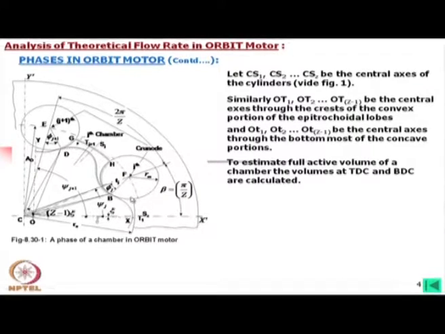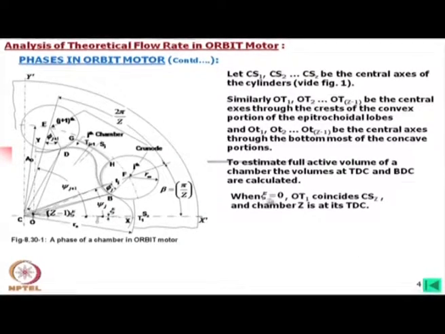Whatever the volume at that condition is not the active, varying volume; it is a constant volume that will always be there. So we have to calculate this volume separately, as well as the maximum volume at bottom dead center, and then if we subtract, we will get the volume of a chamber.